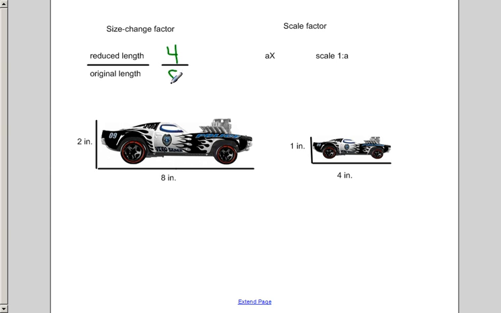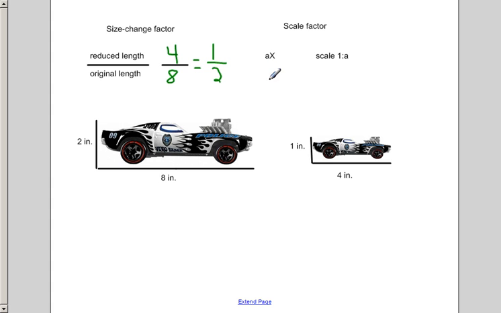The original length is on the bottom, and then you'll either have your reduced or enlarged length on the top. And now this simplifies to 1/2. And that's a fraction because it's gotten smaller.